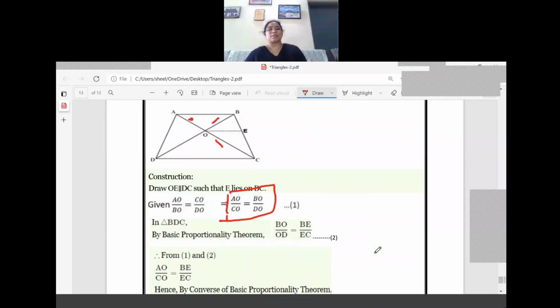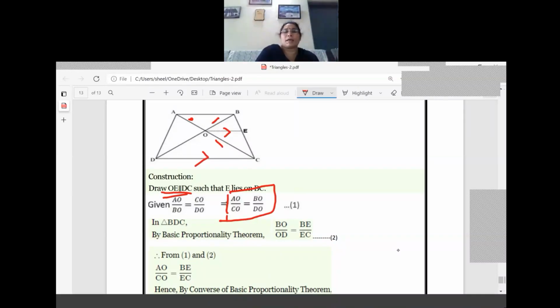Now again we have used a construction, which is OE parallel to DC. Let us see that one. In triangle BDC, I have written the construction: OE parallel to DC. That is the construction we have written here, right? Now we have got OE parallel to DC.